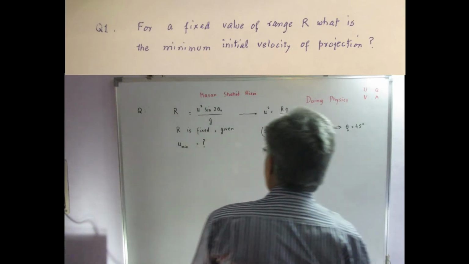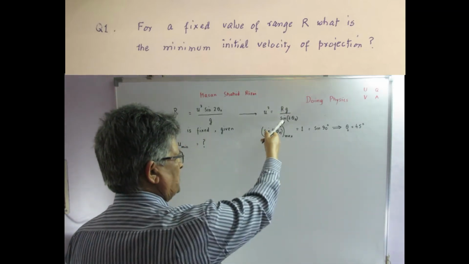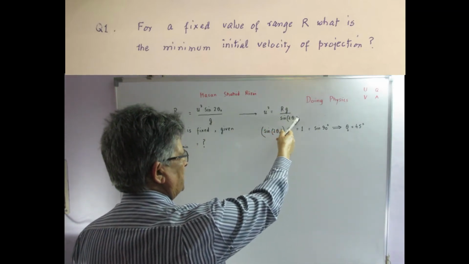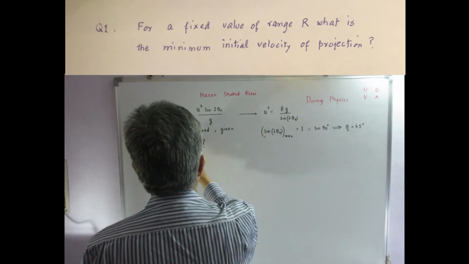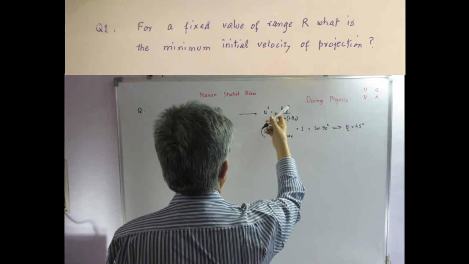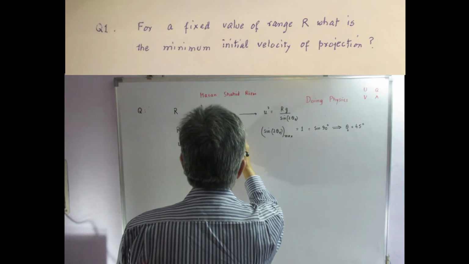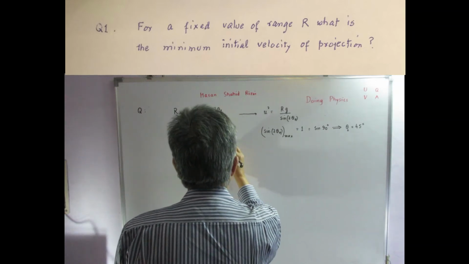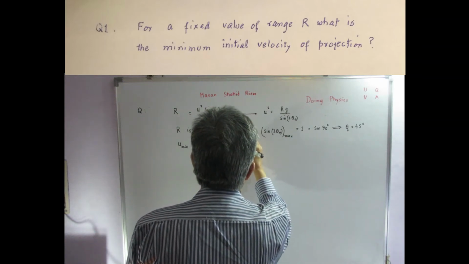In that situation, to find out the value of u minimum, when I fix the value of sine of 2 theta naught as equal to 1, and simply substitute, I get u square equal to Rg, or gR divided by 1, which is equal to Rg.